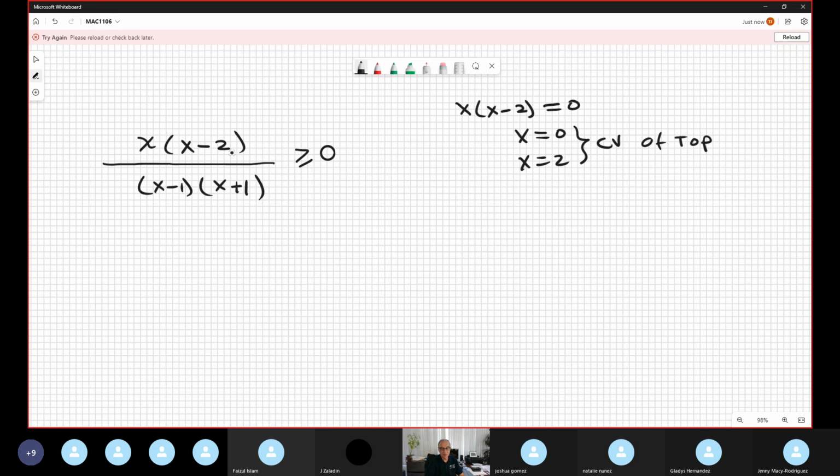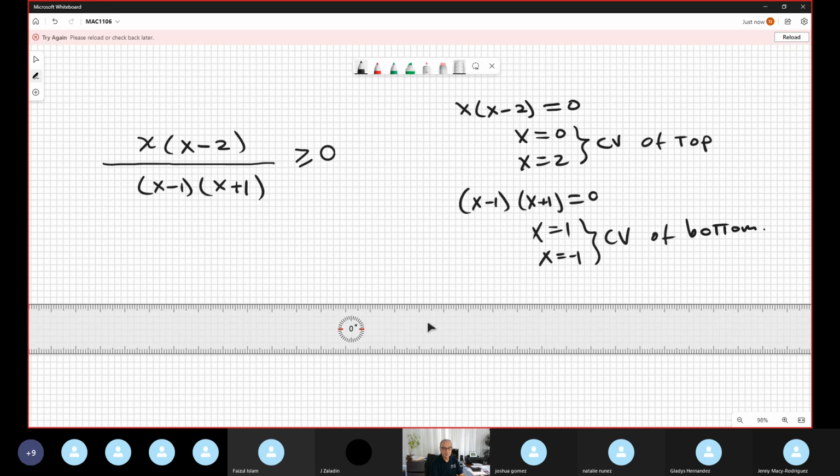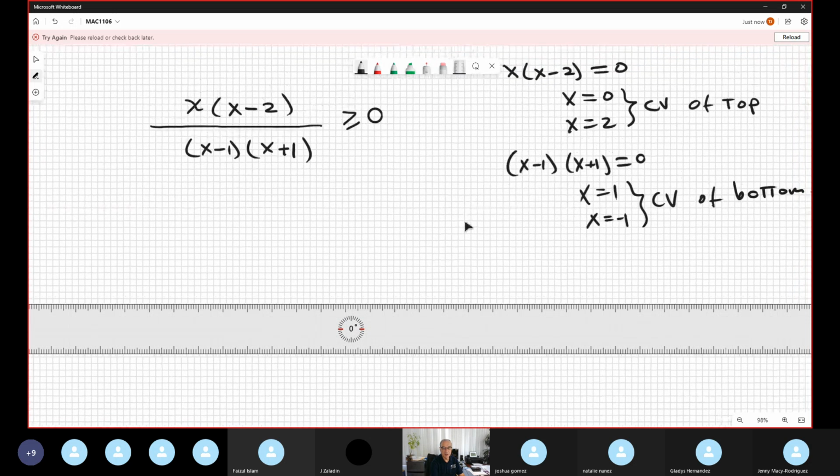And at the bottom, we have x minus 1, x plus 1 equals 0, and that means x is 1 and negative 1. And this is the collection of critical values of the bottom. Okay. Now I go to the whole real number line and I do partitions using all the critical values.